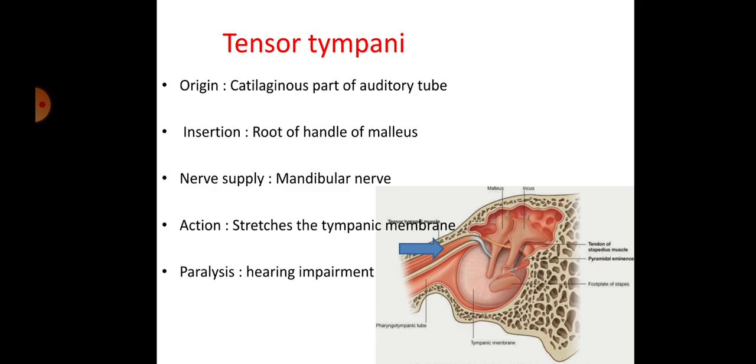So in case of mandibular nerve injury, what is going to happen? This tensor tympani muscle is going to be paralyzed. When it is paralyzed, the tympanic membrane is not stretched. If it is not stretched, sound waves are not transported properly, and then there is hearing impairment. The patient is not hearing properly, that is called deafness or hearing impairment.